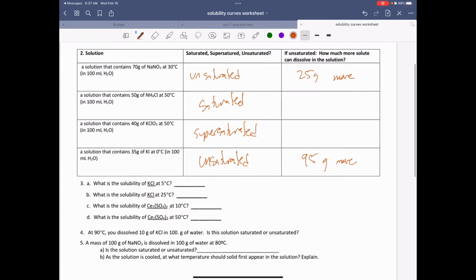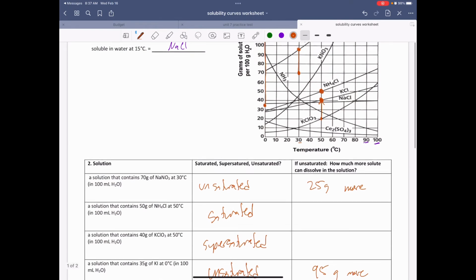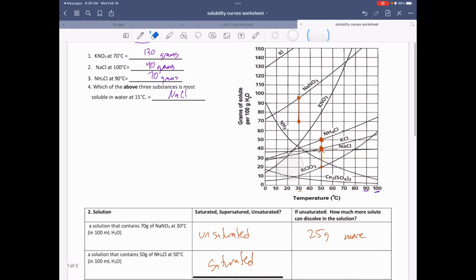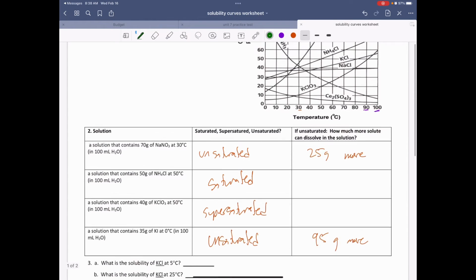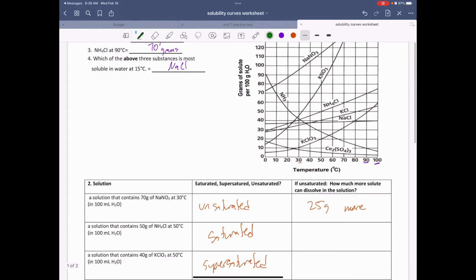So what's the solubility of KCl at 5 degrees? Okay, so again, let me just erase all the stuff I've done up to here. Start from scratch. We'll go green. What is the solubility of KCl at 5 degrees? KCl is right there at 5 degrees. Looks like it's right here.